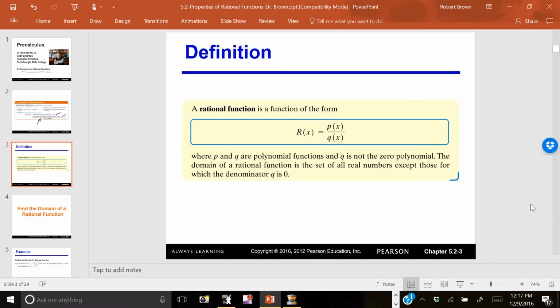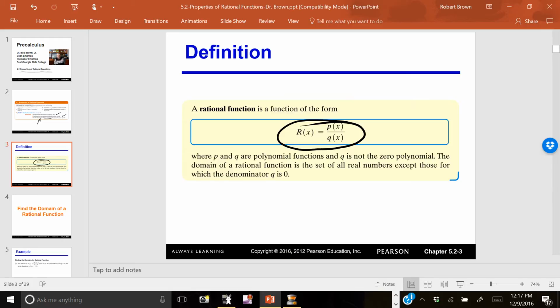Now, you probably will recall that a rational function is a ratio of two functions, p of x and q of x, where p of x and q of x are polynomials.